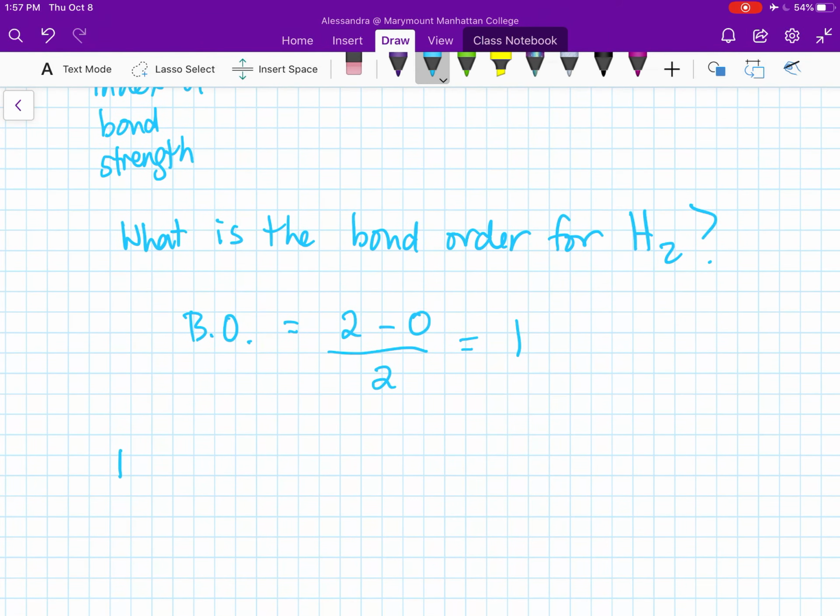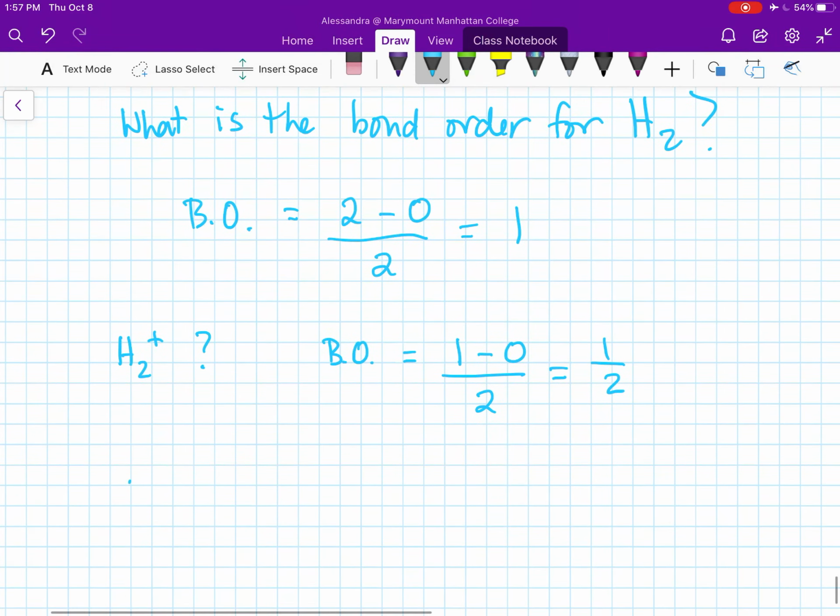What would the bond order be for the H2 plus cation? Well, there I would have lost an electron, right? So if I lose an electron, that's going to be just 1 electron in that bonding MO. 1 minus 0 divided by 2 gives me a bond order of 1/2. What about H2 minus?